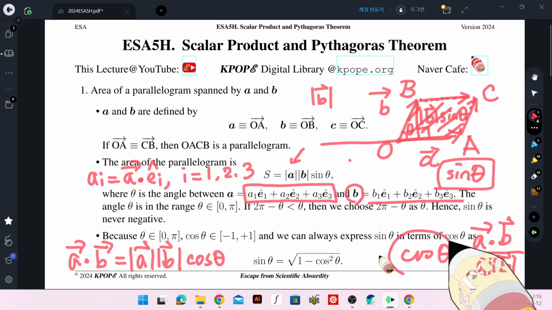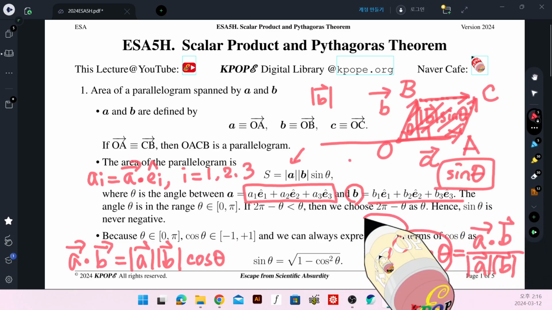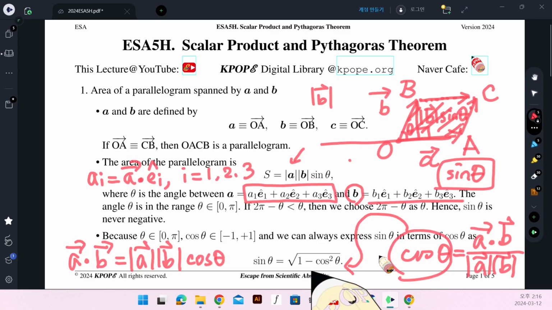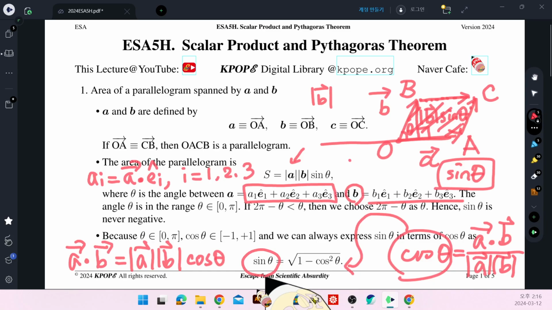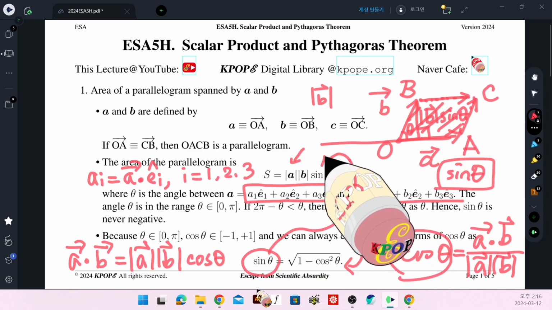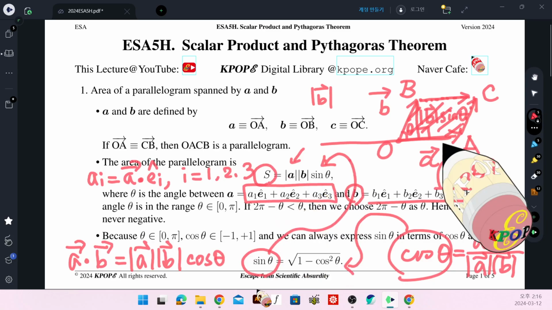If I can determine the cosine theta using the scalar product, I can substitute this one in this formula. This identity determines the sine theta, and this sine theta can be substituted to find the area of this parallelogram.